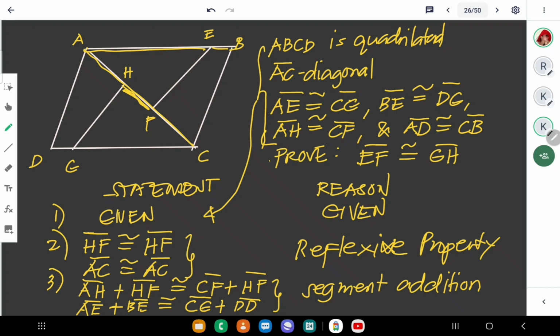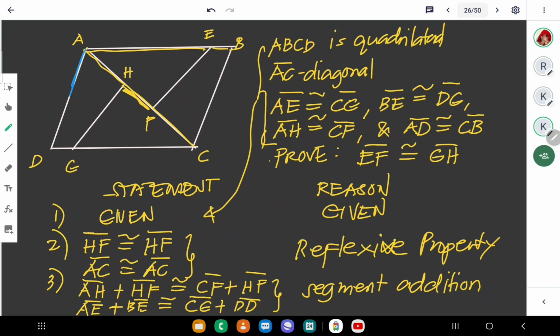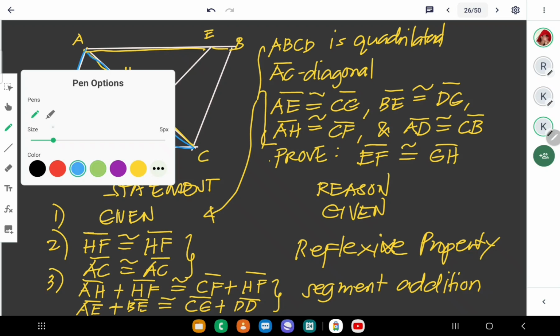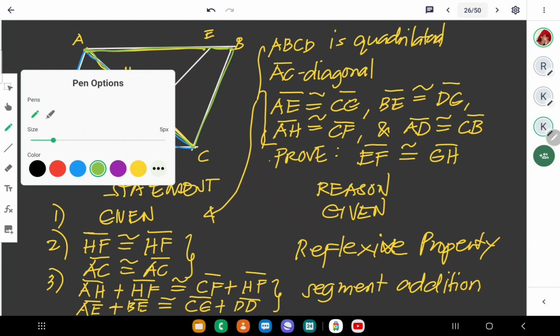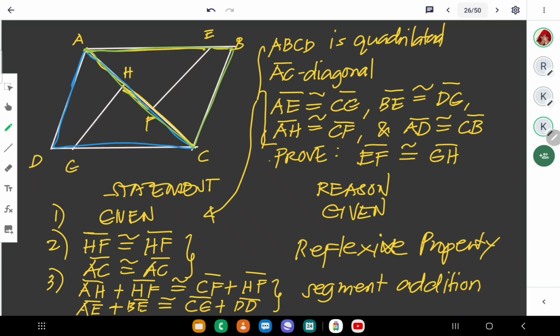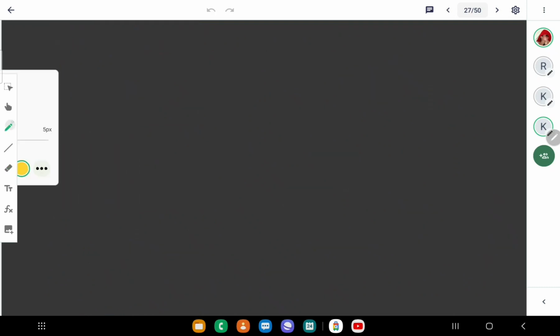Okay. A, B, C. Okay, so now we have formed two triangles, right? Triangle ADC, and then the other one is triangle ABC. So we can write here, this is what we did last time.